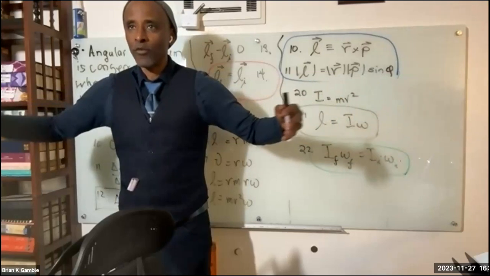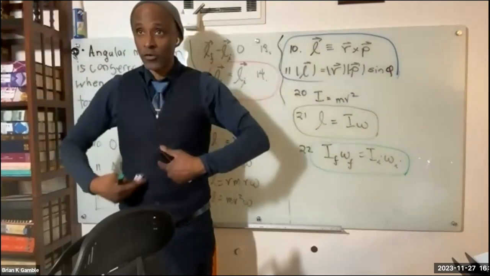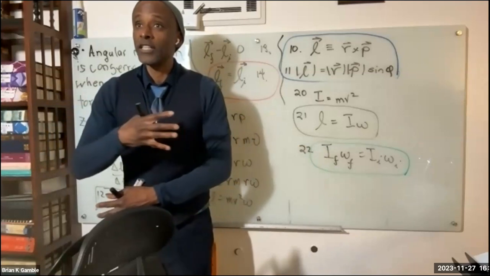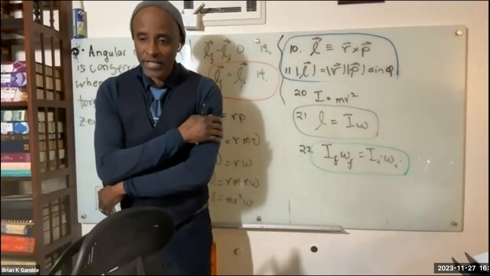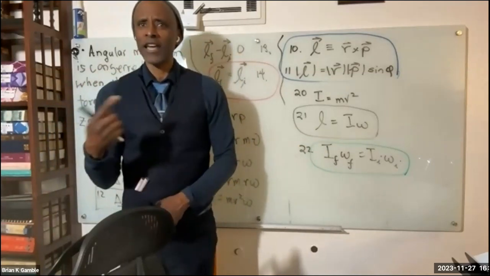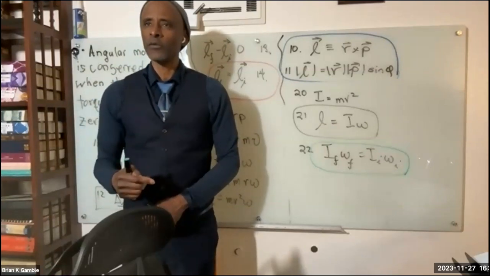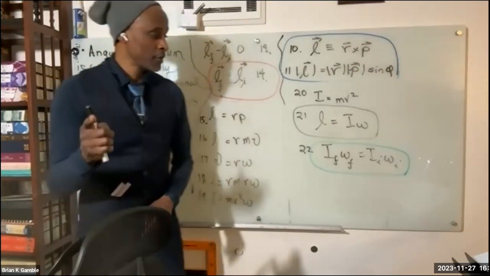But as they bring their mass closer to the axis of rotation, which is down the center of their body, their moment of inertia is decreasing. And you can see it. They start to spin really, really fast. In fact, it's not a linear relationship.